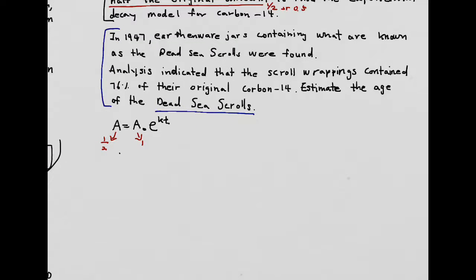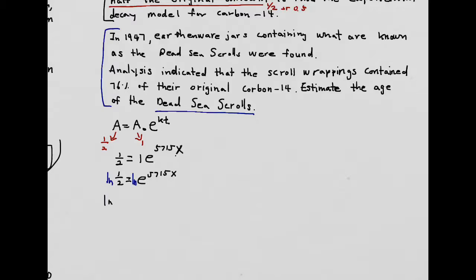So when we replace that, let's see what we have. We have 1/2 equals 1 times e to the 5,715k, and we're trying to figure out k with that given information. I'll find the rate. So 1/2 equals e to the 5,715k. You take the natural logarithm of both sides to bring down the exponent.